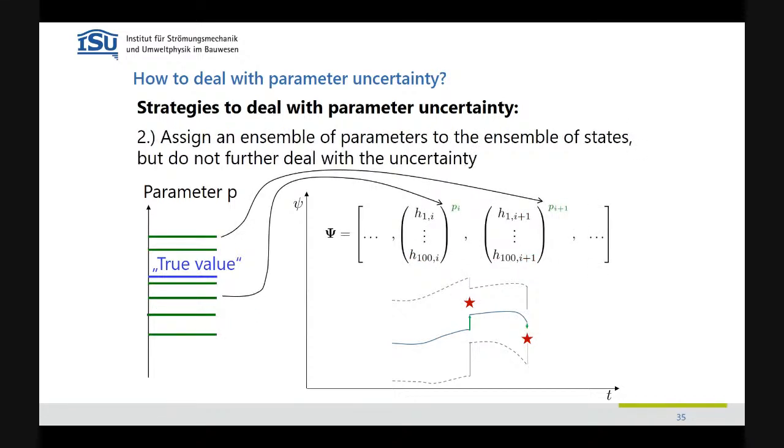The next strategy is to say we acknowledge at least the uncertainty of the parameters by choosing from a distribution. So we give the parameters a distribution and take this into account by assigning to each member of the ensemble a different parameter that we draw from the distribution. We don't update them. The reasoning would be the uncertainty that I have in the parameters is reflected by assigning it to the ensemble, and this will then keep the uncertainty here in my predictions.